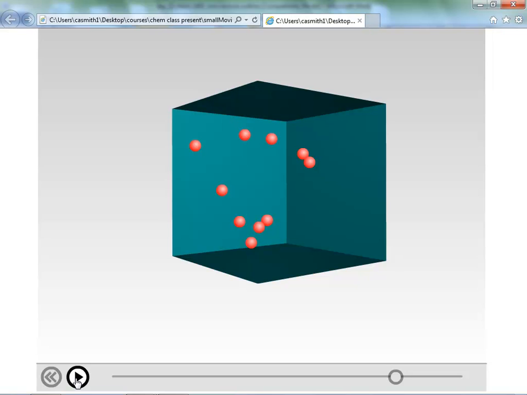Are they all traveling at the same speed? What did they say? Right? If you collide with the wall of the container, you probably end up slowing down. You collide with another molecule, that other molecule could start speeding up and you'd slow down. So they're going to be traveling at varying speeds.